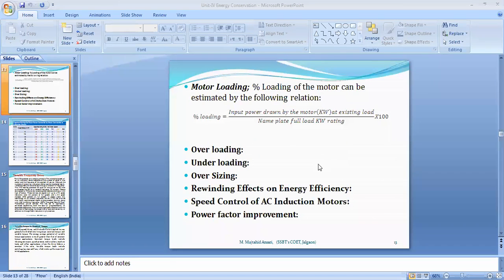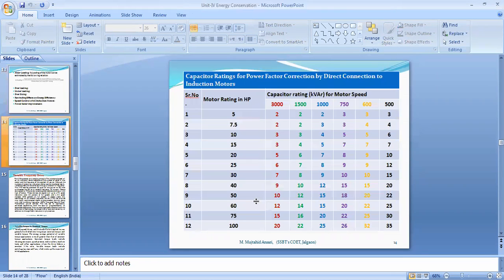Okay, so now this is the capacitor rating for power factor correction by direct connection to the induction motor. Whatever induction motors we are using, we can directly connect. Here is the motor rating in HP, 5 HP, 7.5 HP up to 100 HP. No doubt we can calculate very well with the help of some formulas. And this is the capacitor rating in kVAR.